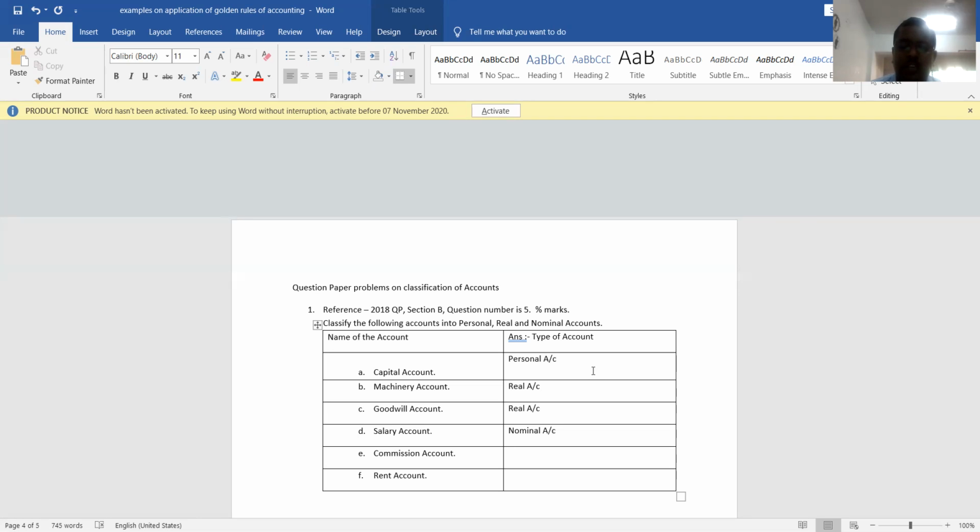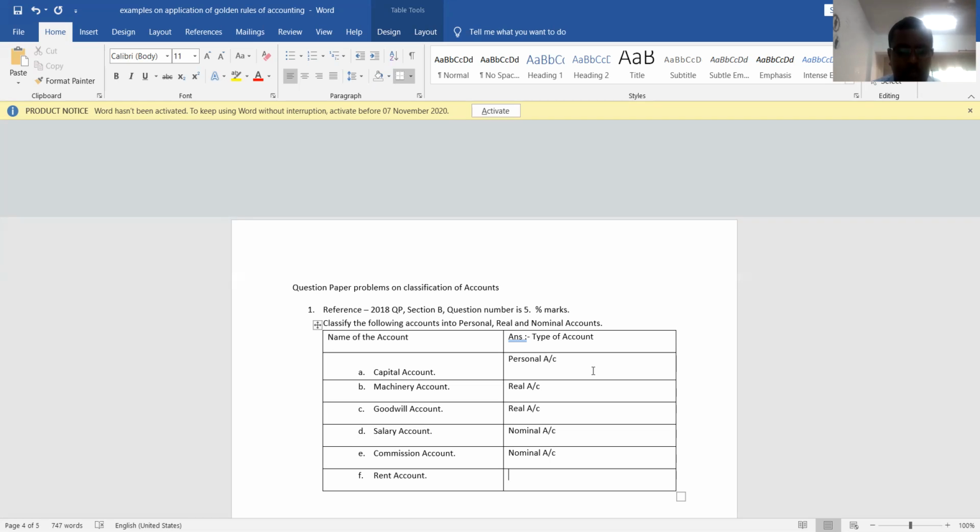It is expenditure, or it may be income if it is received. Commission paid is expenses and commission received is income. Whether it is income or expenses, it is a nominal account.